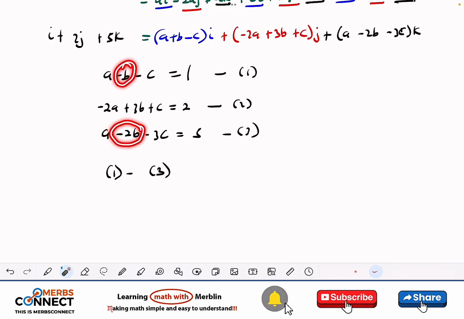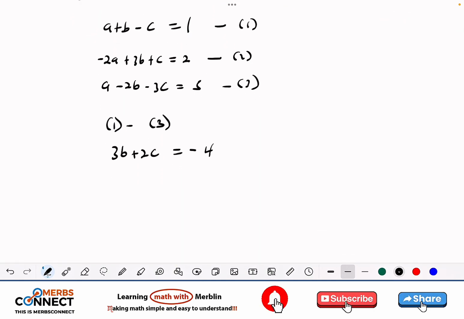This minus this is going to be positive 3B, right? And then this minus this is going to be plus 2C, which is equal to this minus this, which is going to be minus 4.